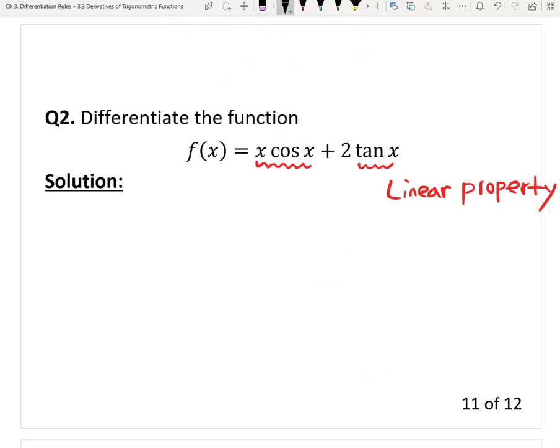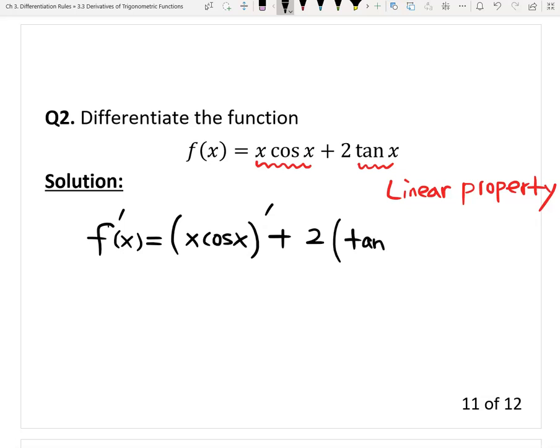So now we have the derivative of f is 1 times the first function's derivative, plus 2 times the derivative of tangent x. See, that's the linear property. Of course, for the first term, what do we need to do? Product, because we have a product of two terms.